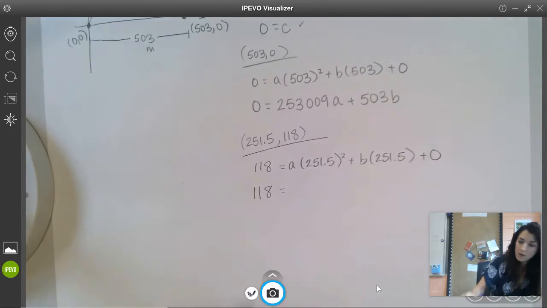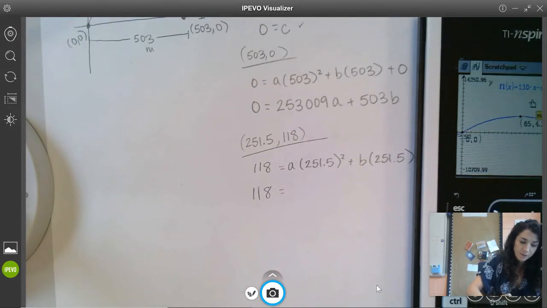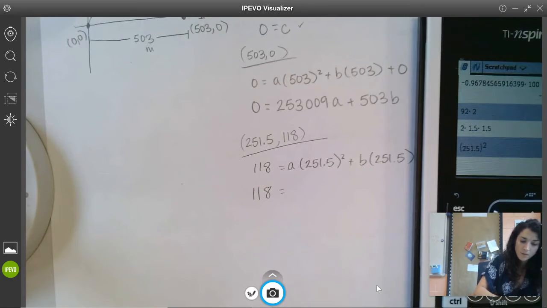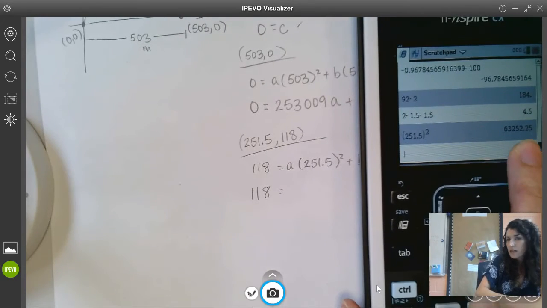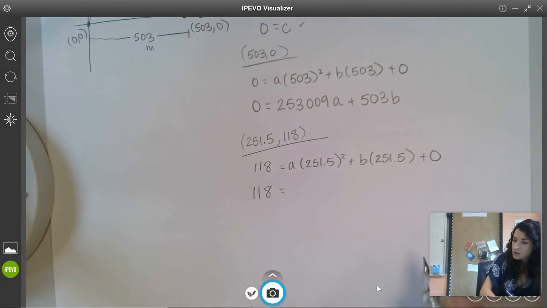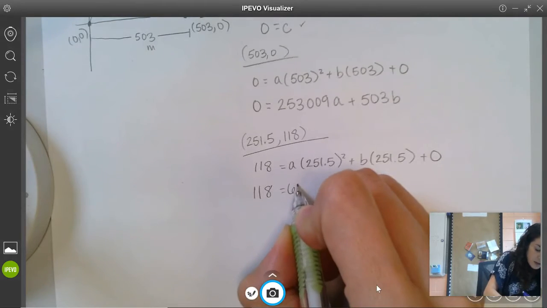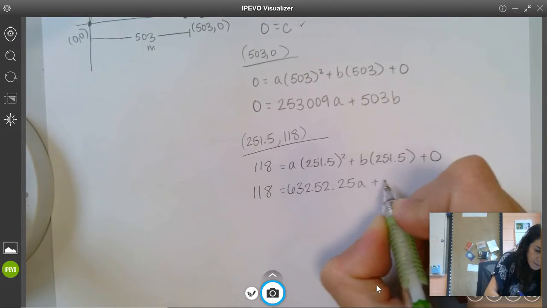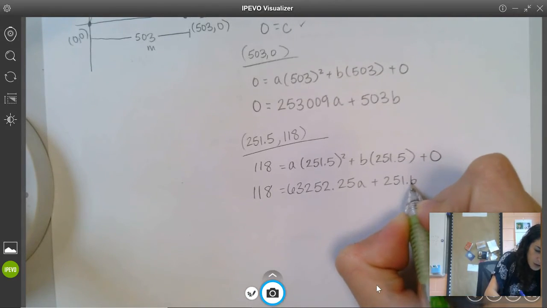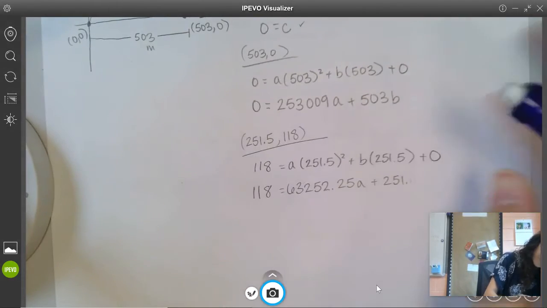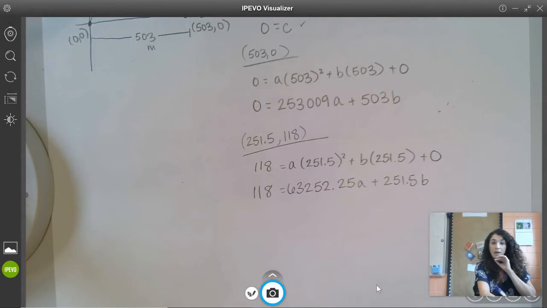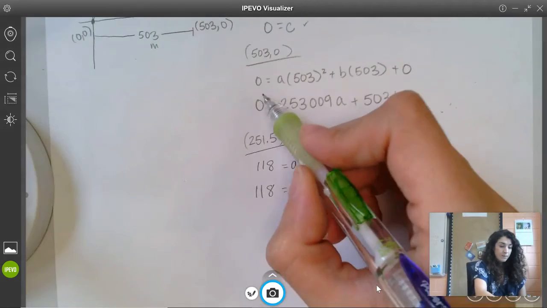Let's look at it together. Oh, not too long of a decimal. Go ahead and write it with the 0.25. So 63,252.25 a. Finish the equation. And now you have your second equation.